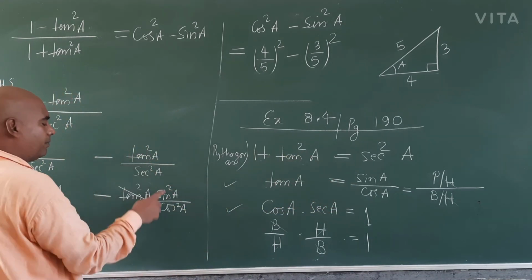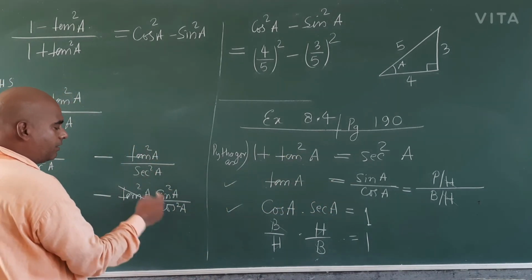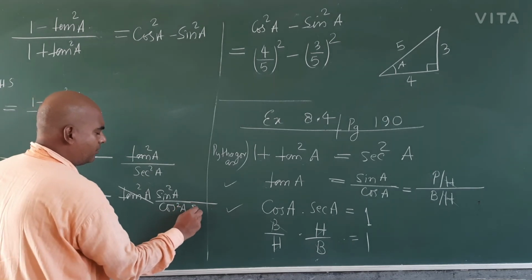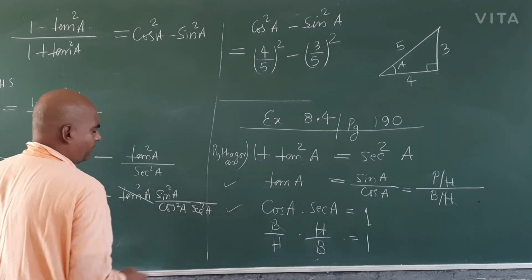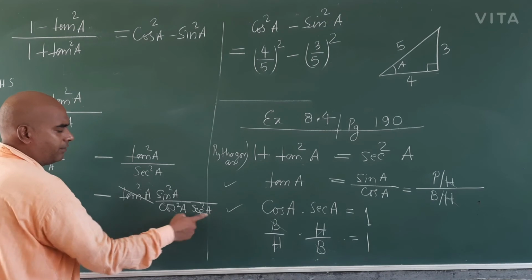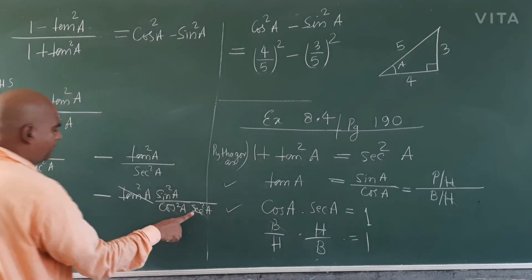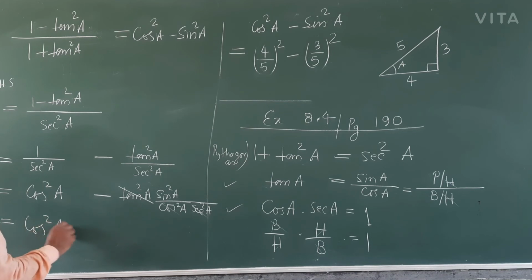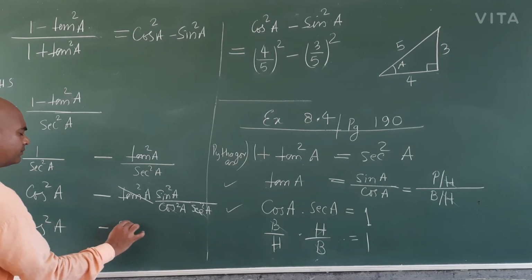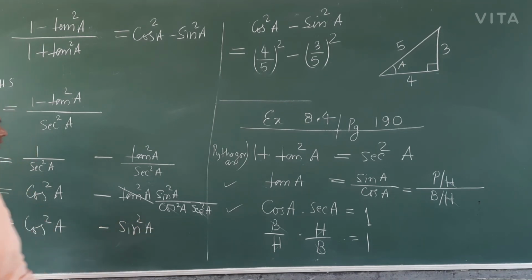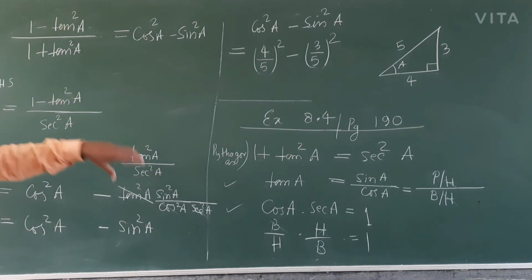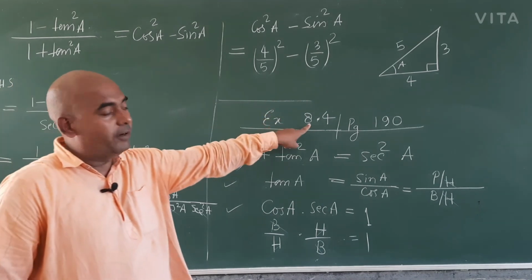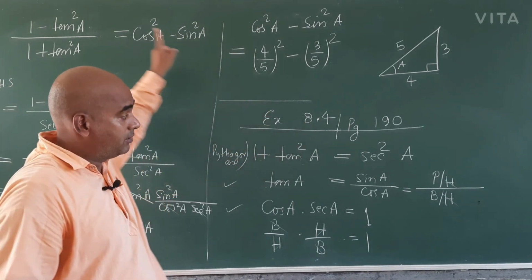So sin square A upon cos square A, and this sec square A. So cos square A and sec square A will be cancelled, and it will be 1. So you have got cos square A minus sin square A.